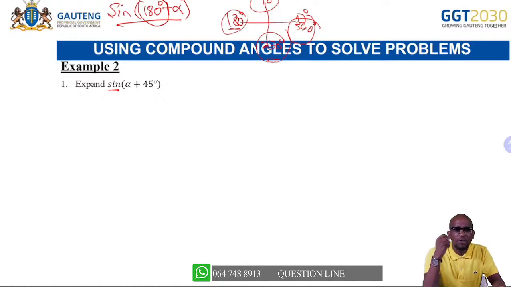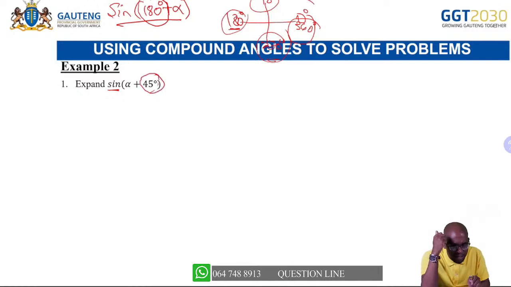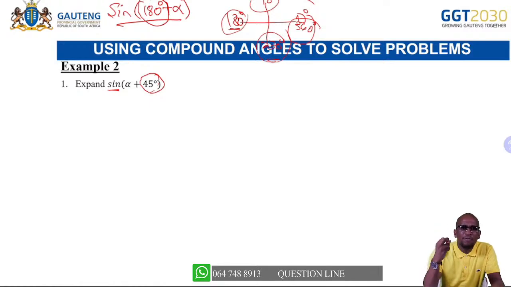The reduction formula. But now here, if you want to simplify, 45 is not part of the standard angles in the Cartesian plane. So in order for you to simplify that one, we need to make use of the compound angle formula. I hope that is well captured.